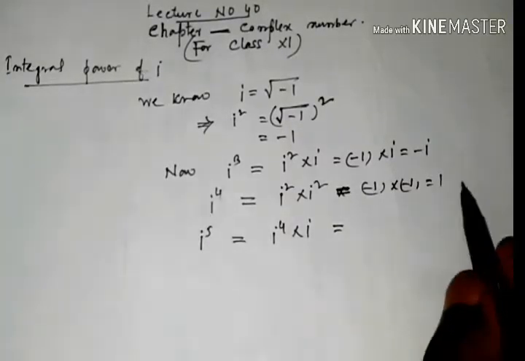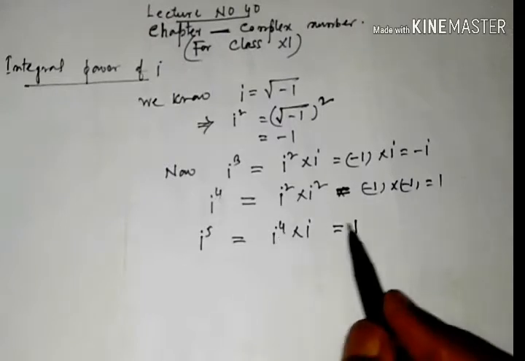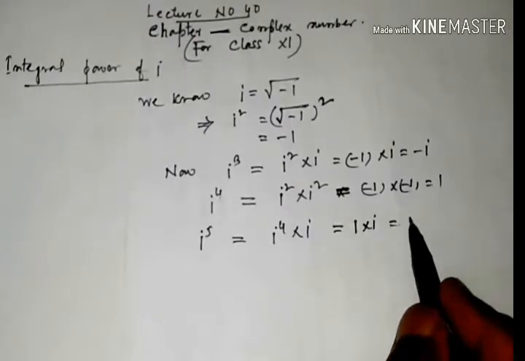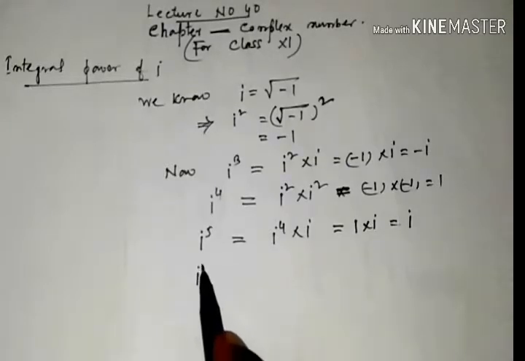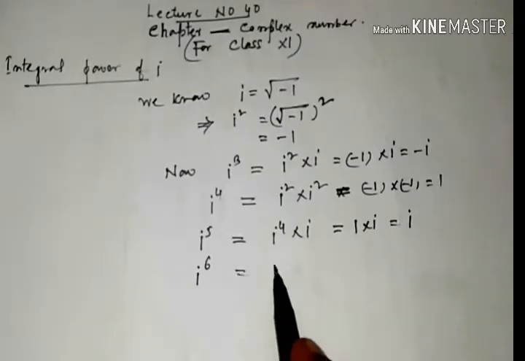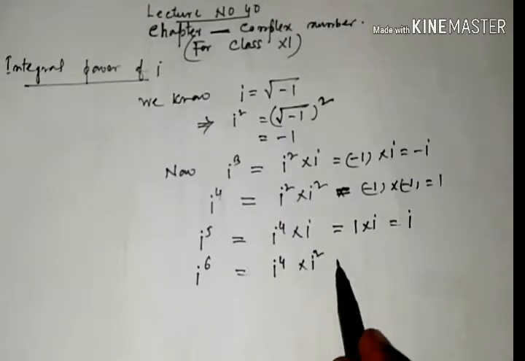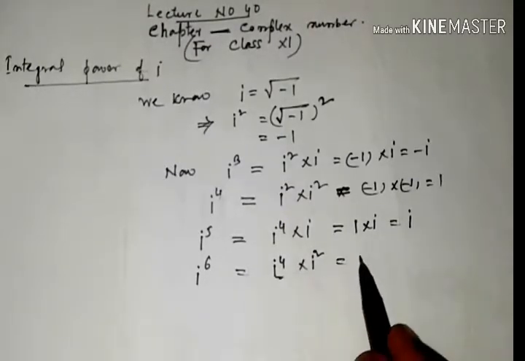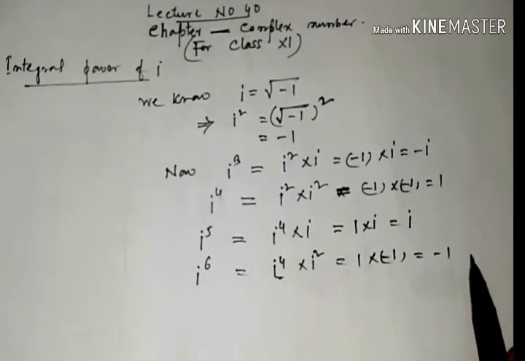We have already derived i to the power 4, which is 1, so 1 into i is i. Then what is i to the power 6? That is i to the power 4 into i square. I to the power 4 is 1 and i square is minus 1, therefore it is minus 1.